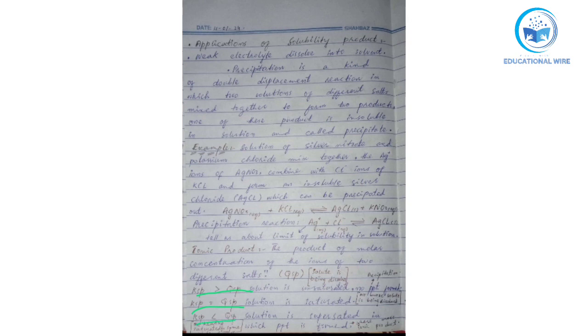KSP is less than QSP, the solution is supersaturated, where precipitation is formed, meaning more ionic product, and on heating a saturated solution some amount of solute can be dissolved. So our today's topic was application of solubility product.